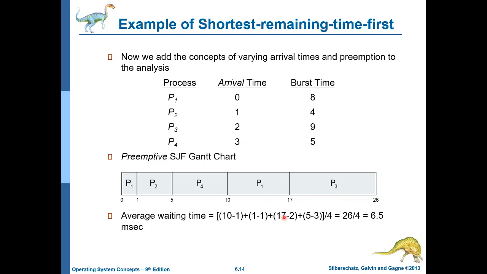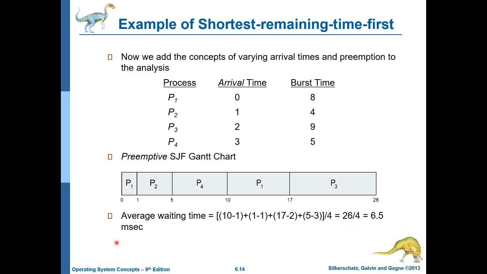For P4, it went to the CPU at time 5, but it arrived at time 3, so this is 5 minus 3, which means 2 time units. The sum of these 4 divided by 4 gives us 6.5.